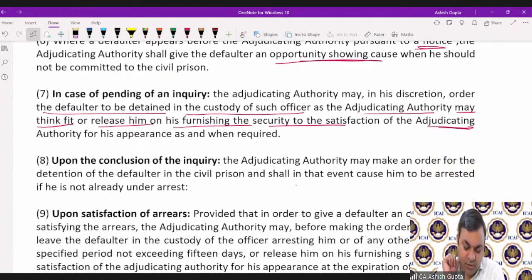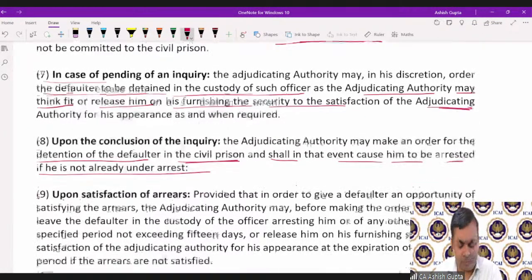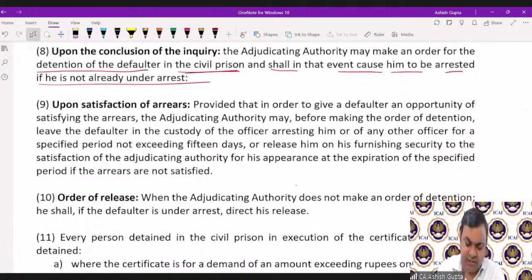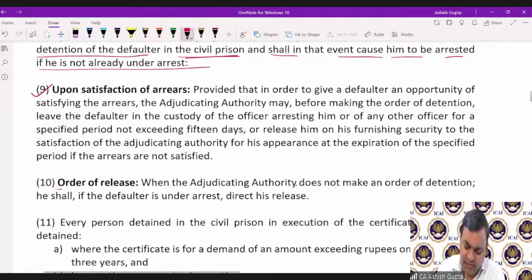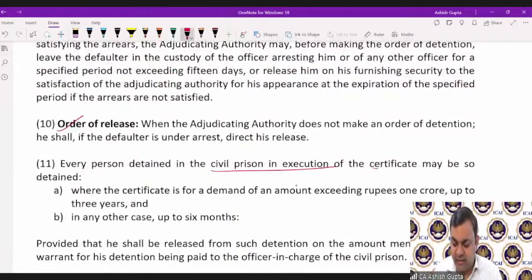Upon the conclusion of the inquiry, the adjudicating authority may make an order for the detention of the defaulter in civil prison, and shall in that event cause him to be arrested if he is not under arrest. Upon satisfaction of arrear, meaning he has paid that amount, order of release. Okay.